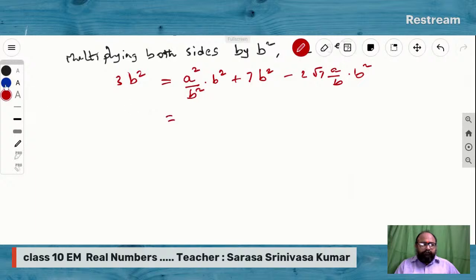This is equal to a square plus 7b square minus 2 root 7 ab.